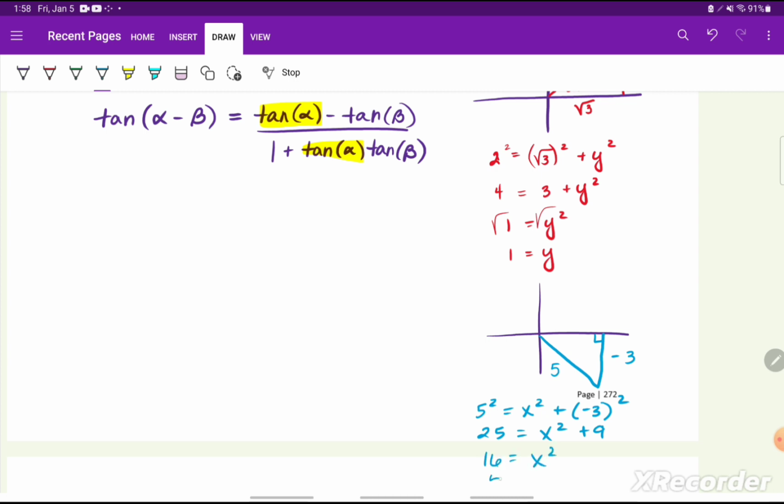We're going to get 4. So tangent of our angle beta, opposite over adjacent, is going to be negative 3/4. And we're going to take this negative 3/4 and plug it in for tangent of beta.